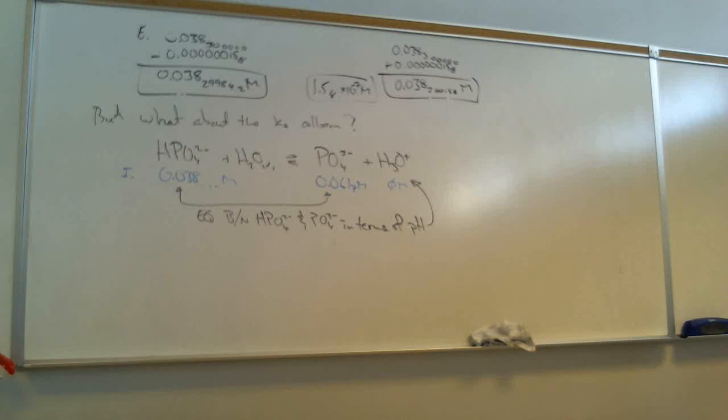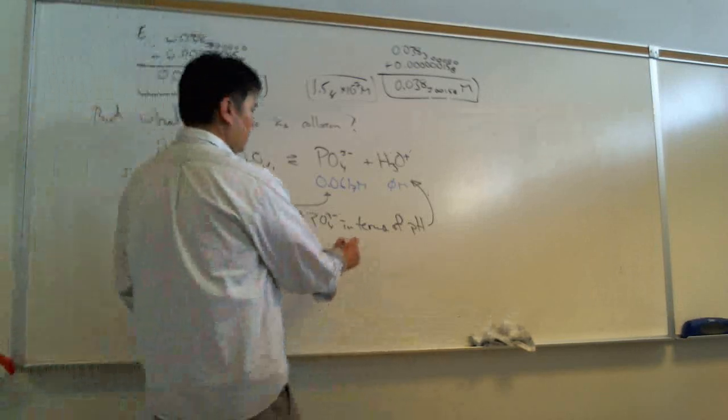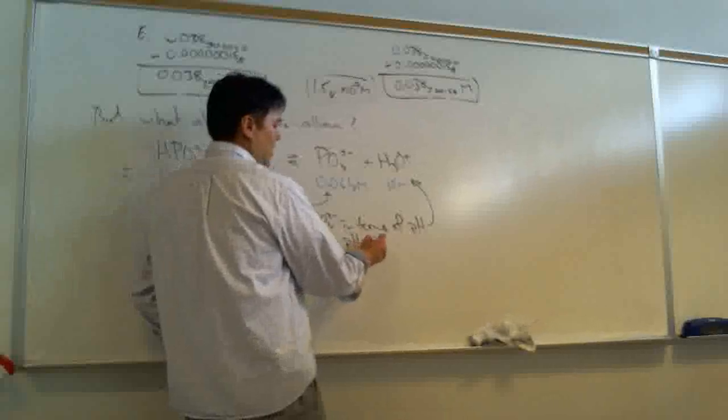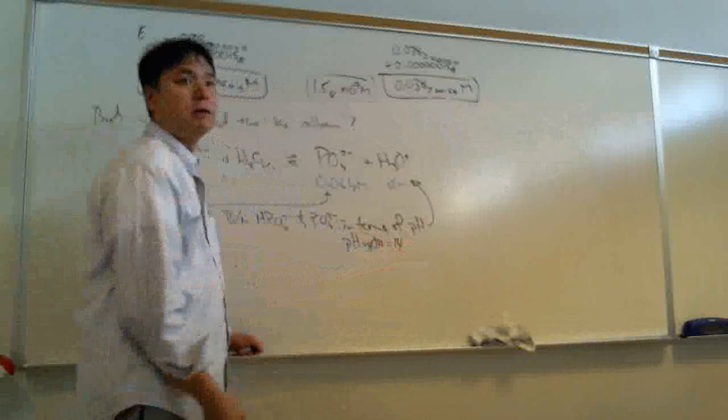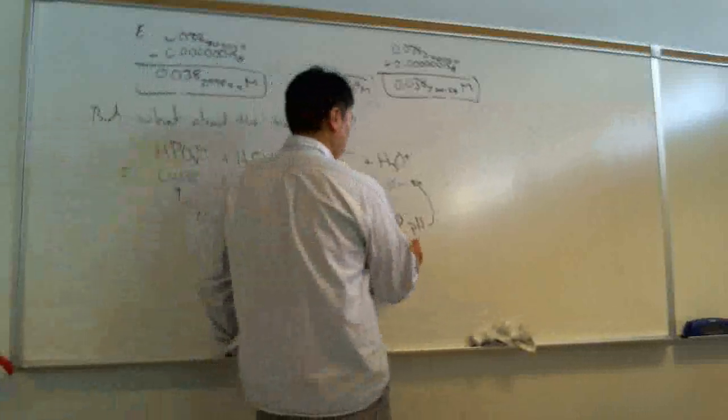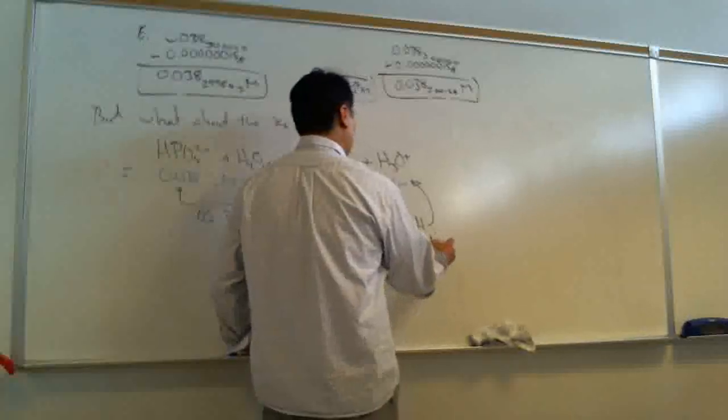But do you know OH minus and H3O plus are connected? How are they connected? Because if the H3O plus goes up, the OH minus must go down, and vice versa. In other words, these are connected because pH plus pOH has to equal pKw, which is 14.00.